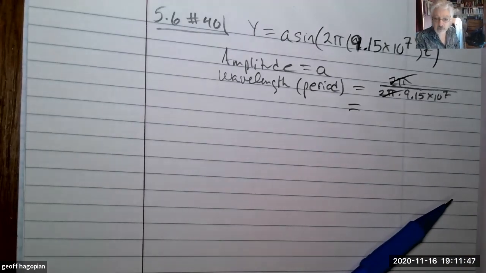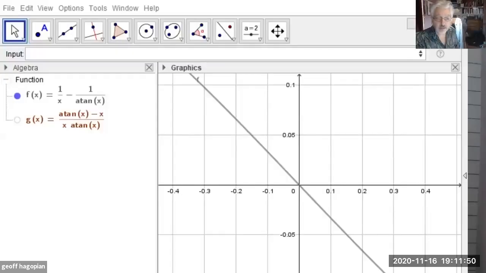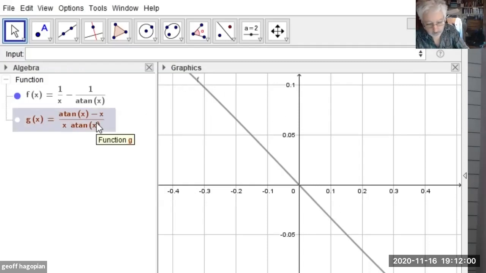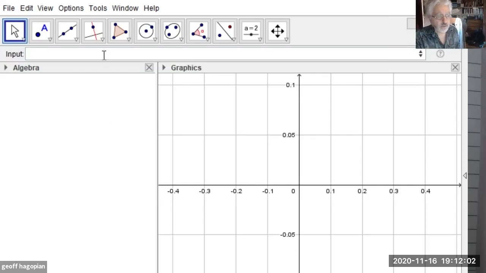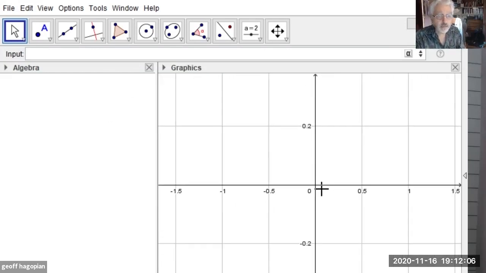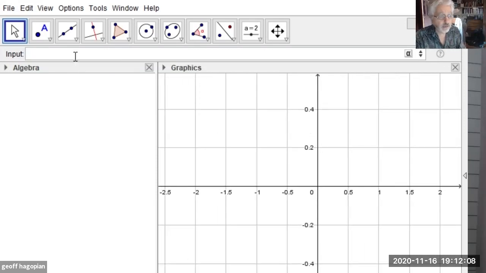So I'm going to go to GeoGebra just to do that one little calculation. We're way zoomed in here, so let's zoom out a bit. Oh, well, we're not going to do any graphing anyway.